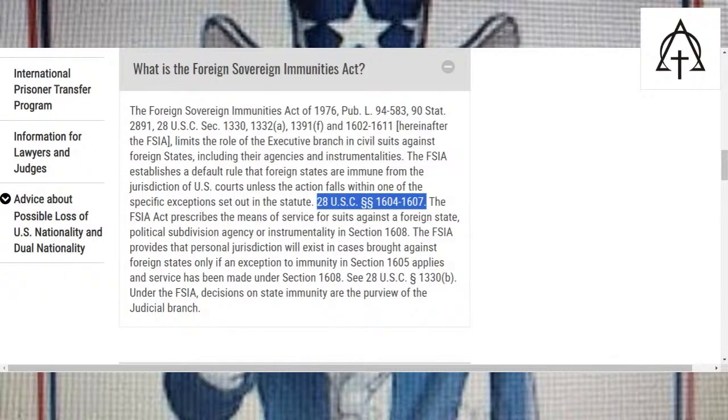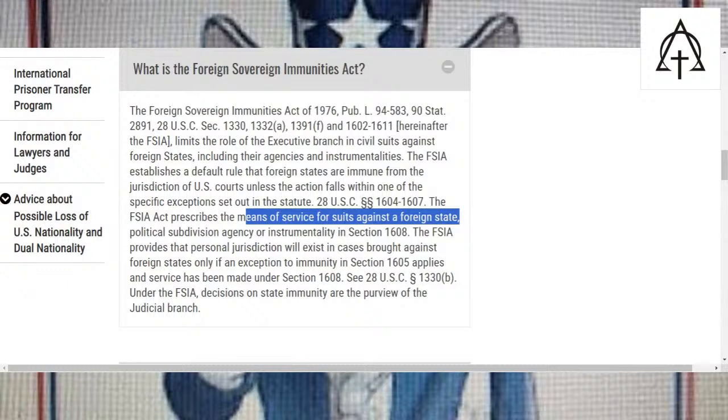The FSIA Act prescribes the means of service for suits against a foreign state. If they're not following this suit, then they are treating you as a domestic, and that is the violation. Again, only because you were taught to use the legal name with a legal address and give them that Social Security number. You unlearn that, and find a new way.